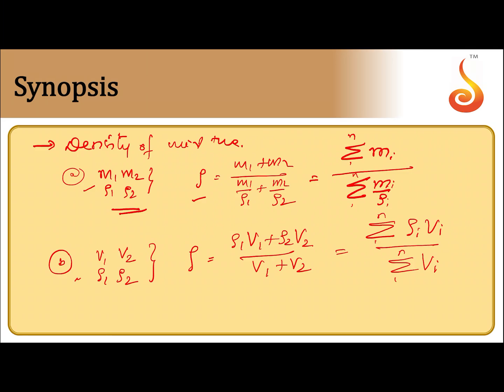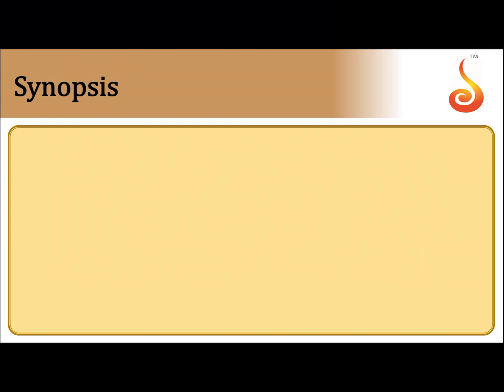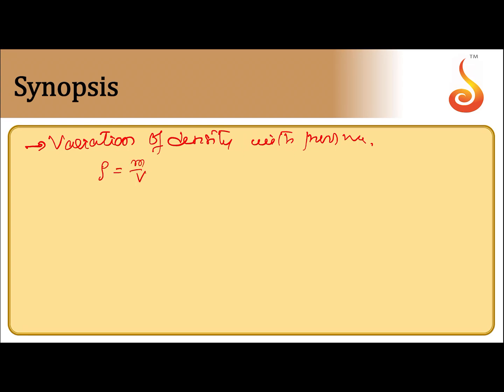Suppose we consider the variation of density with pressure. You know that we can write ρ is equal to m by V and ρ naught is equal to m by V naught.